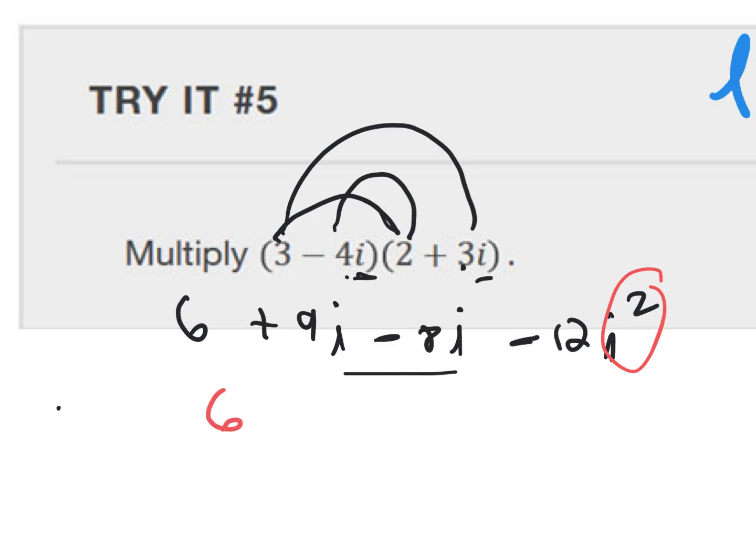So it's 6 plus, why am I putting plus? 9 minus 8. They're like terms, is a 1i. Then I have a minus 12 times the negative 1. That becomes plus 12. The 6 and the 12 go together to make the real number 18 plus 1i, or just i.